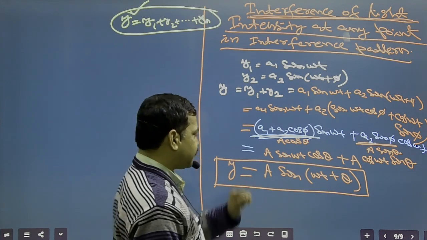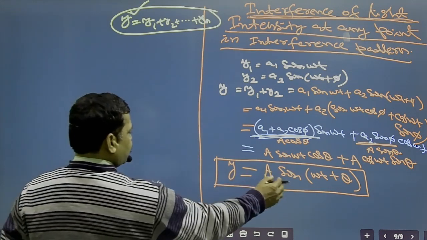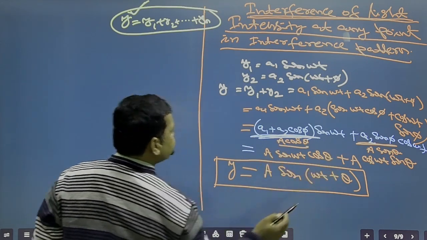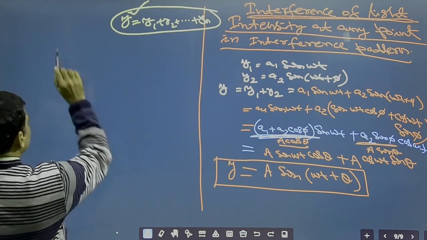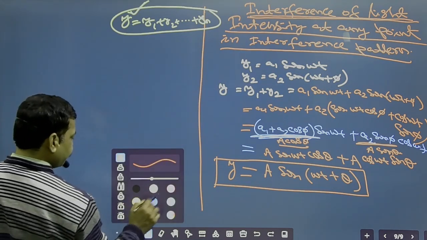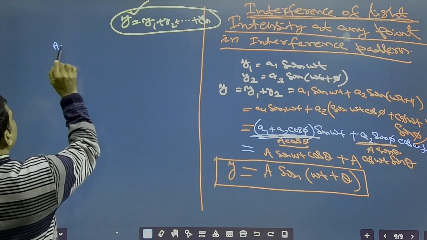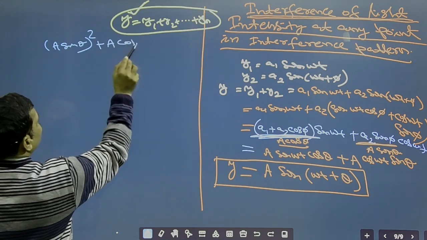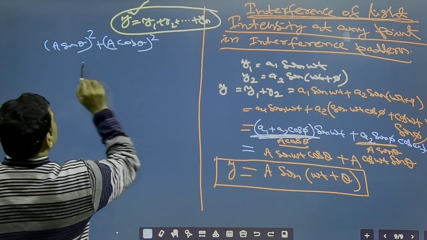Now you see here, by taking a cos theta and a sin theta, we square them. Suppose we are considering a sin theta squared plus a cos theta squared.